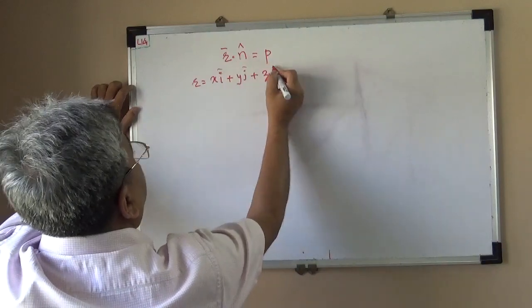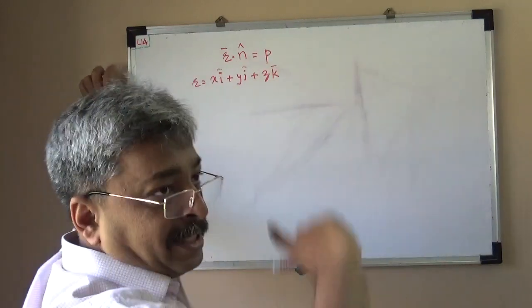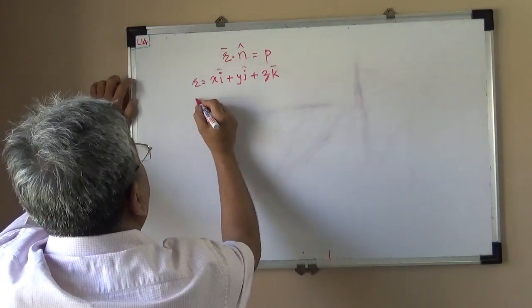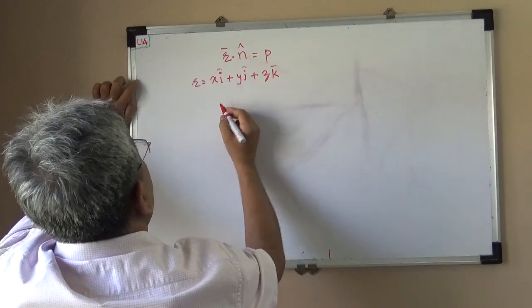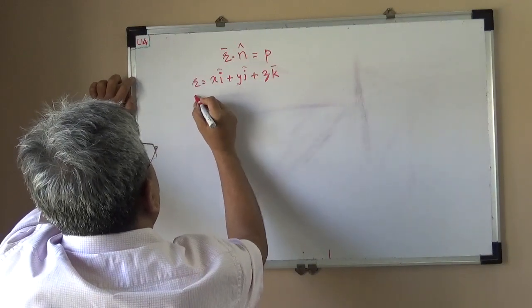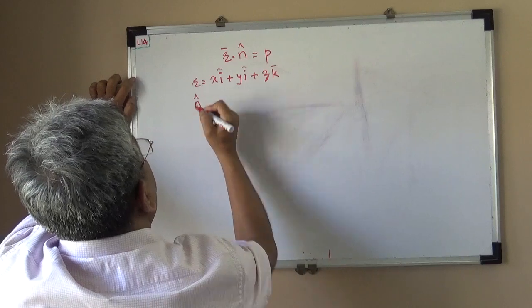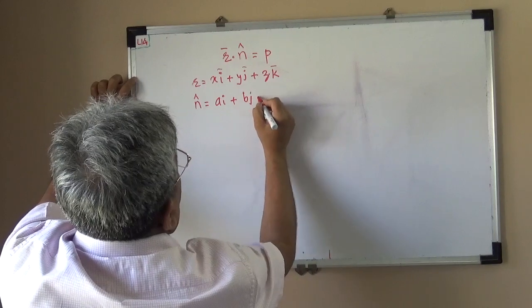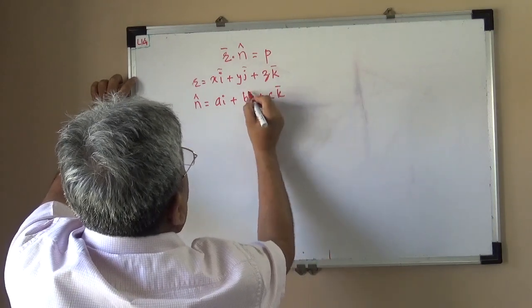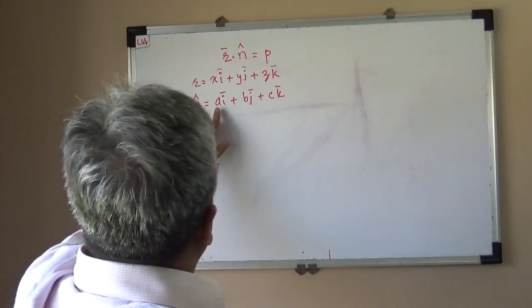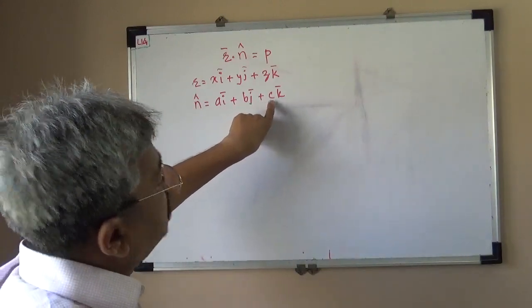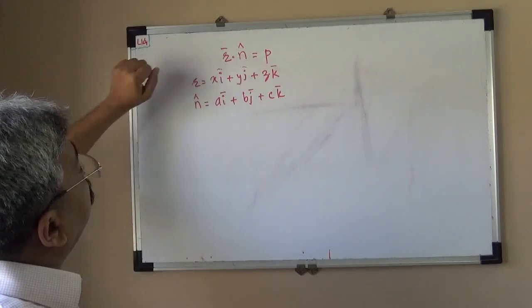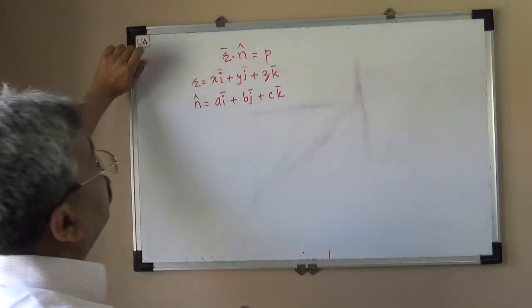So x, y, z is any general point in three-dimensional space. Now suppose n cap is a unit vector, which is equal to ai plus bj plus ck. Of course, what I mean by this is a square plus b square plus c square is 1. That is inherent in this, because this is a unit vector perpendicular, and p is your distance.